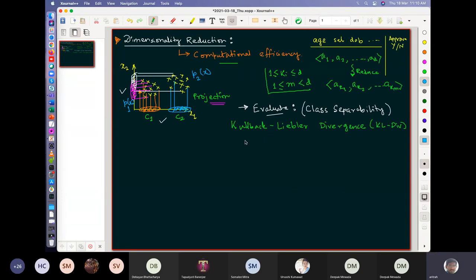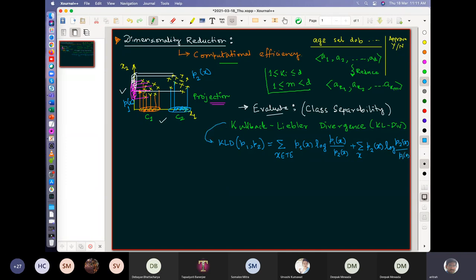For these two probability distributions, the KL divergence formula is: if two sets of points are drawn from these two distributions, we sum over all the training examples P1x into log of P1x by P2x, plus again over all the examples P2x into log of P2x by P1x.